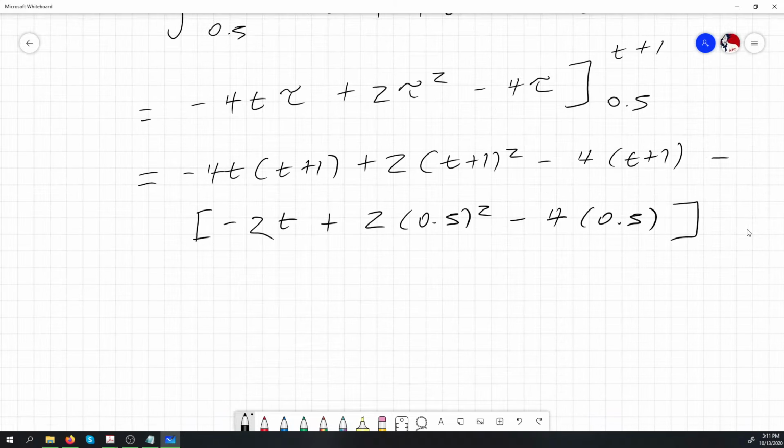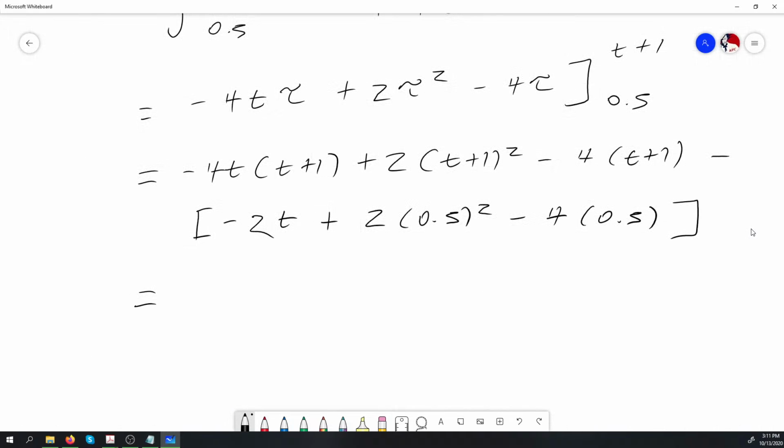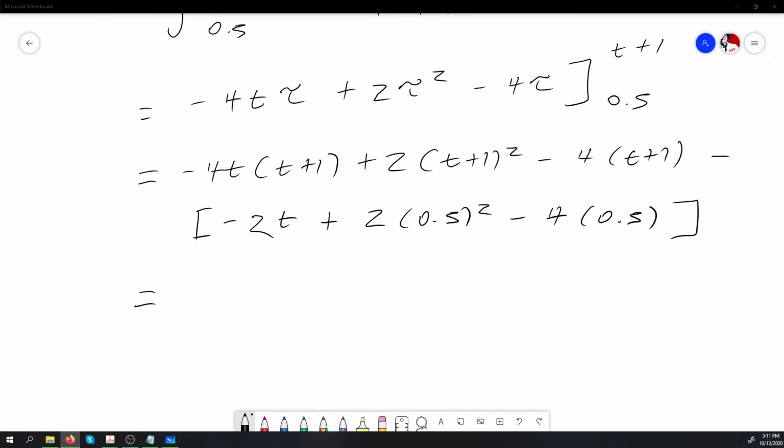And we evaluate this out, so I'm going to have to pull up my calculator to evaluate this again. So let's see how I'm doing this.